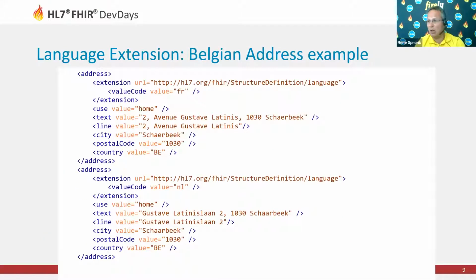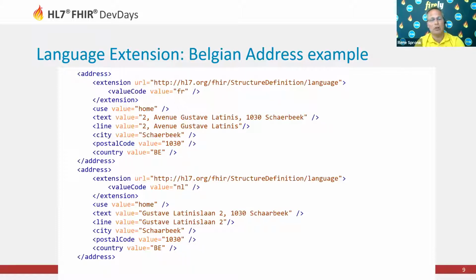Okay, again, a Belgian example, where we see that the address data element, which is present obviously in the core resource as a core data element, is used repeatedly. So the structure definition, the profile, has to allow for repeated addresses.